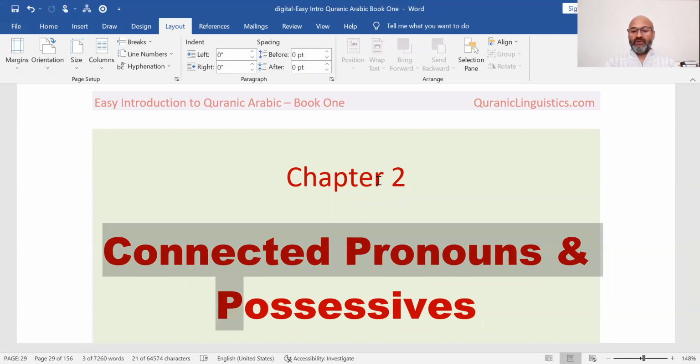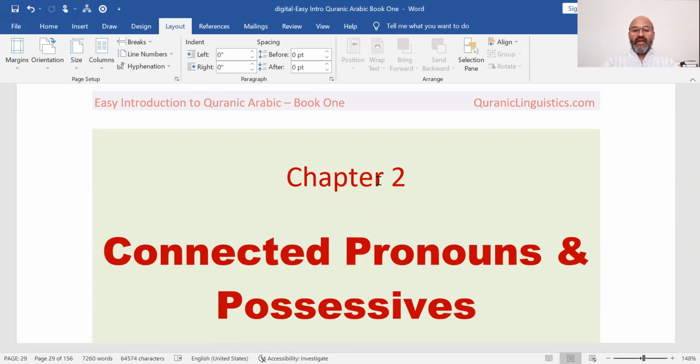Let's talk about connected pronouns and possessives. We have talked about lots of pronouns in the previous chapter, but the pronouns that we talked about were not connected. They were disconnected. They were not attached.